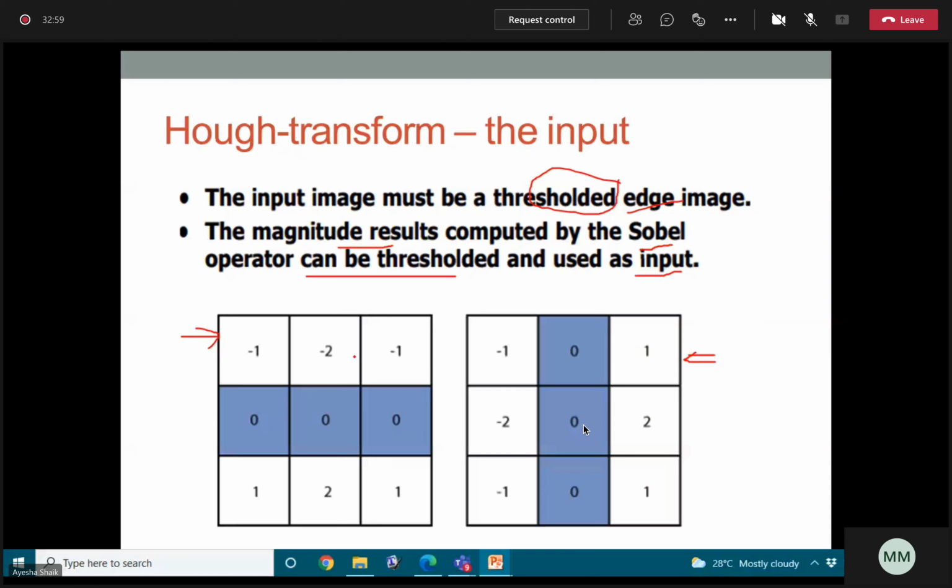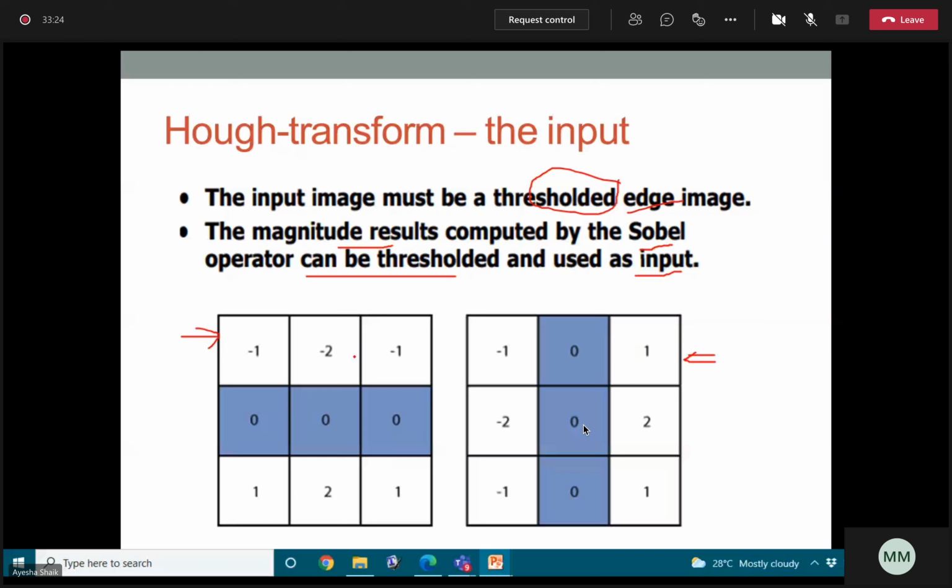Okay, if we want to compute the horizontal edges, then we have to use the edge operator along the horizontal direction. So we have an operator along the x direction and an operator along the y direction. The respective corresponding masks we will be using, and we can find the horizontal edges and vertical edges.